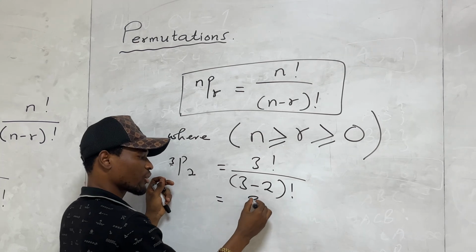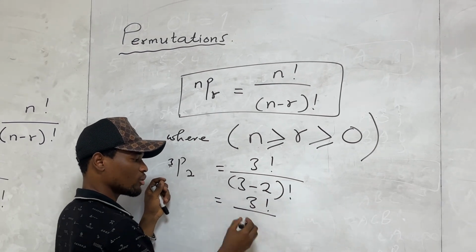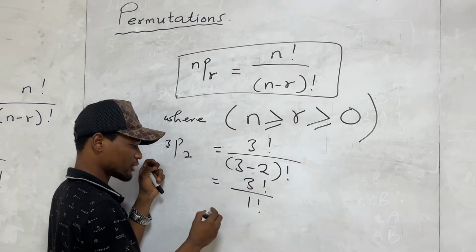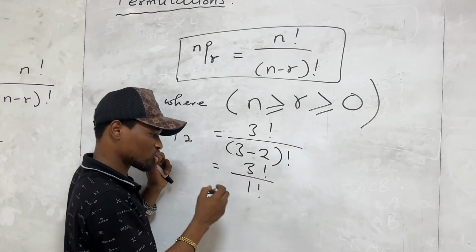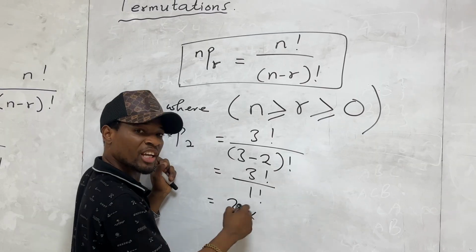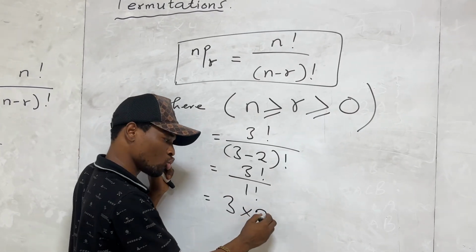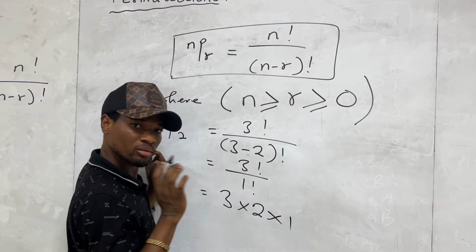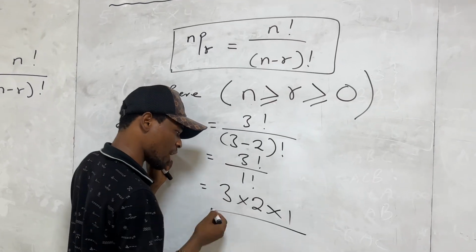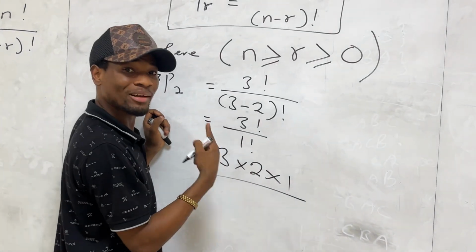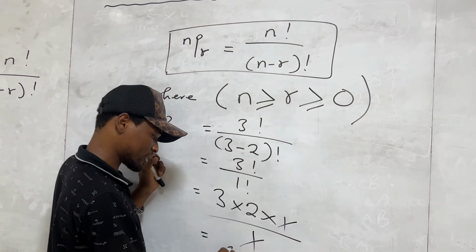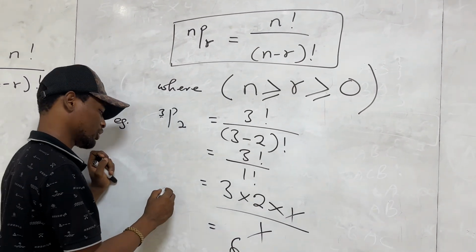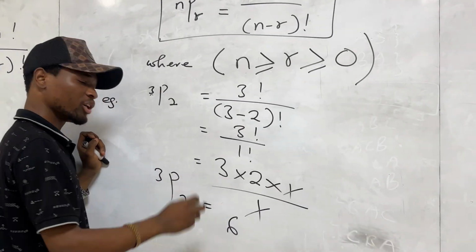So I have 3 factorial over 1 factorial. We already know that 3 factorial is equal to 3 times 2 times 1, then you stop at that point. Then all over, 1 factorial is the same as 1. So 1 cancels 1. Therefore 3 times 2 gives 6. So 3 permutation 2 equals 6.